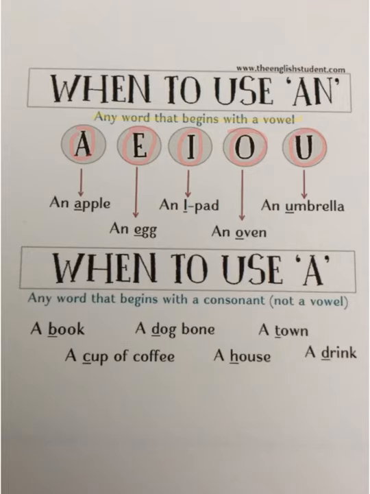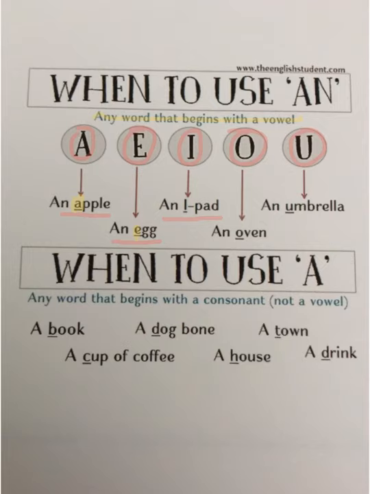And they gave us some examples here, like an apple, an egg. And do you notice the vowel here? Apple starts with an A. Egg starts with an E. Here's the next one. An iPad. That's what I'm using right now, an iPad.